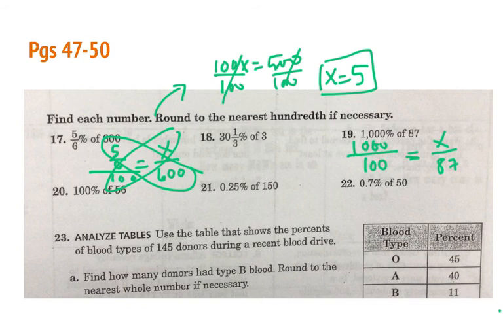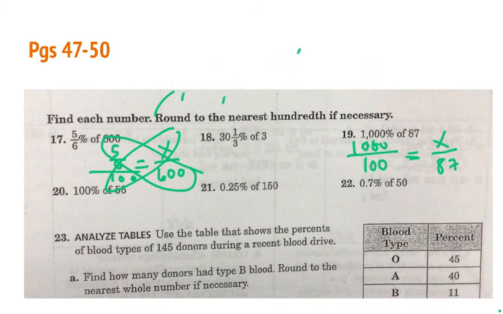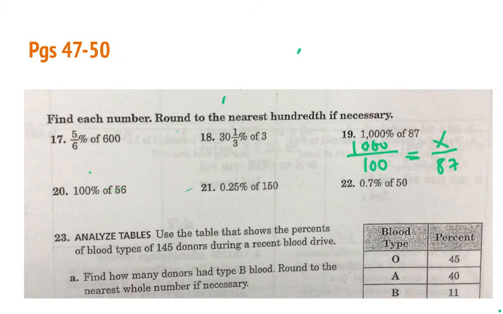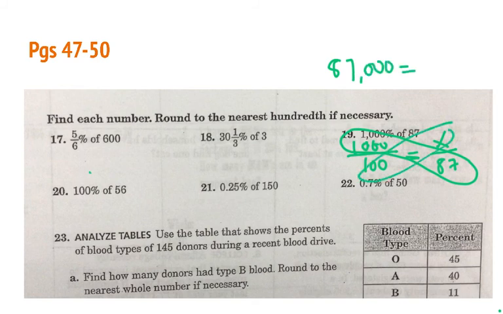So I'm going to erase all of this up here so that we have some room to work. Okay, so then we're going to cross multiply. 87 times 1,000. Well, essentially we're just adding on 3 zeros, right? So we're going to say 87,000 is equal to 100x.